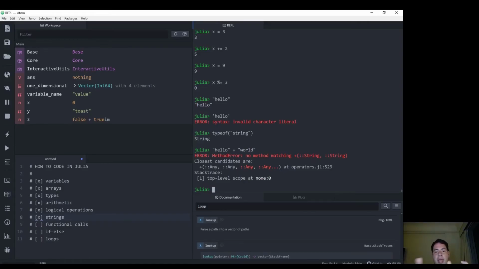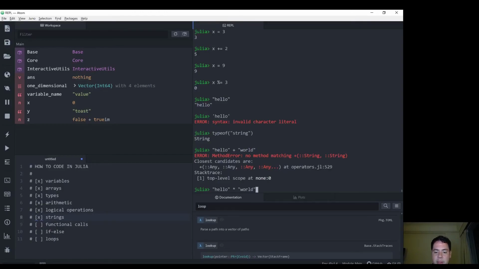However, when you concatenate strings, are we expecting this is the answer, or are we expecting this is the answer? And because that doesn't match with what plus means, Julia uses a different symbol to concatenate strings. It uses, just given away, star.